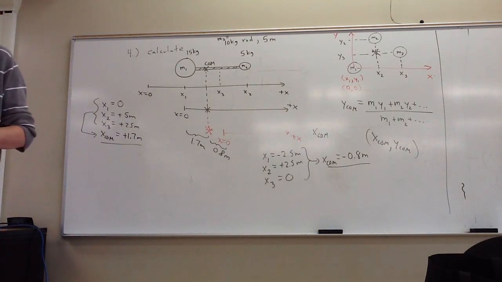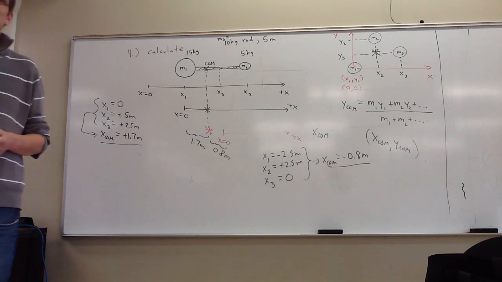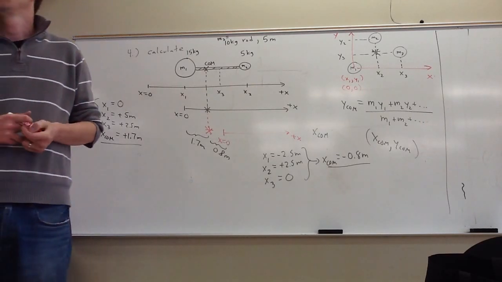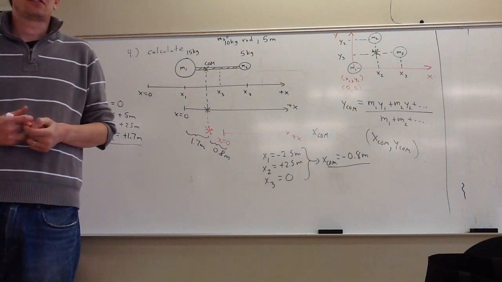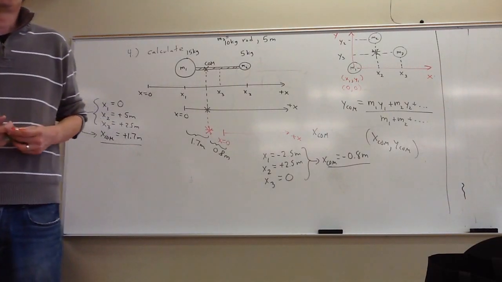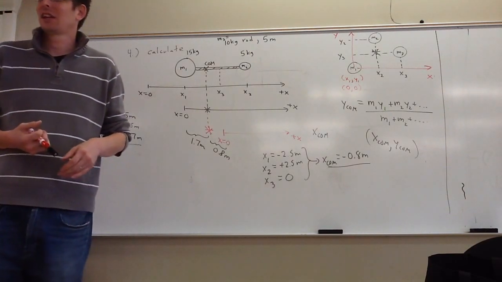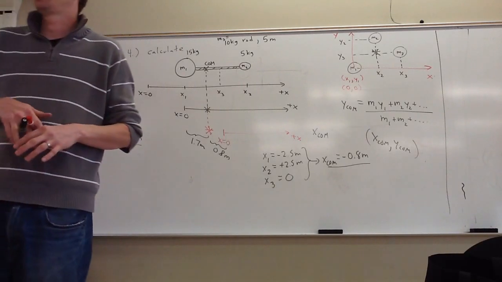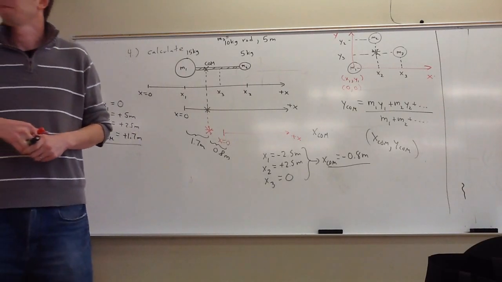Again, pick whatever origin you're comfortable with. In this case, I've chosen the origin such that all of my masses lie in the first quadrant, right? So I don't have to deal with negative x or negative y values. But there'd be nothing wrong with that either. So this is just going back to your math class. Can you put down an origin and identify coordinates? Okay.